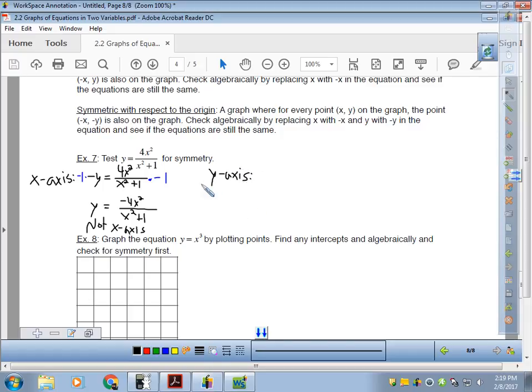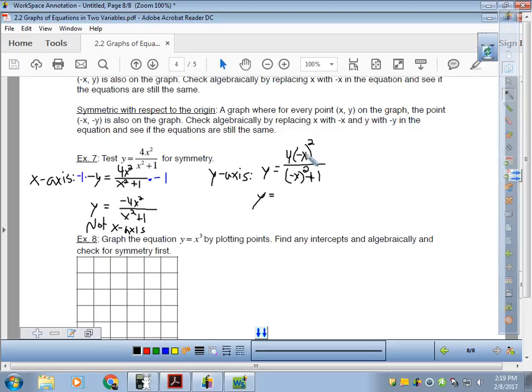The next thing we'll do is check y-axis. To check y-axis, we replace the x's with a negative x. So we'll have y equals 4 times negative x getting squared over negative x getting squared plus 1. And then we'll clean that up a little bit. So we'll have y equals, when you take a negative x and multiply it by a negative x, a negative times a negative gives you a positive.